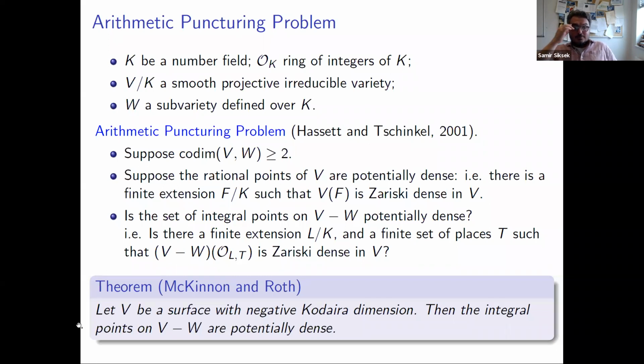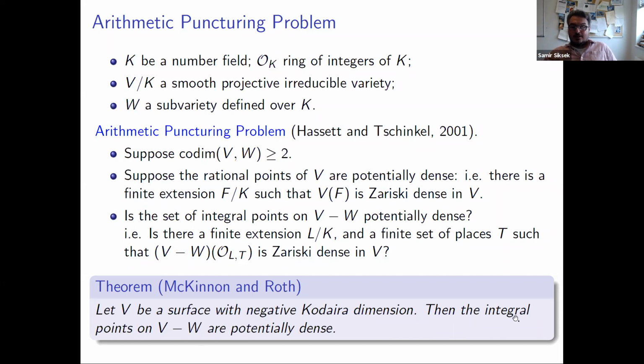This is a theorem of McKinnon and Roth. It says if you take a surface V with negative Kodaira dimension, if you don't know what that is, I think it means that over the complex numbers, the surface is rational or it's ruled.